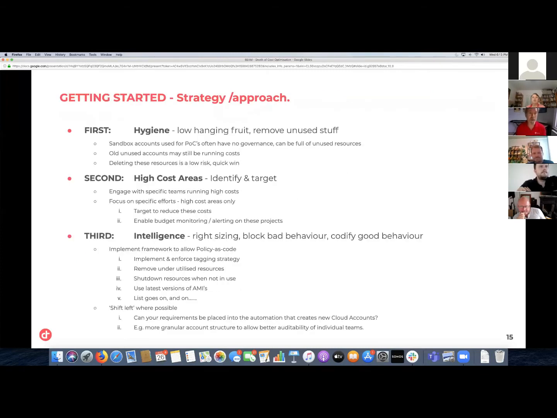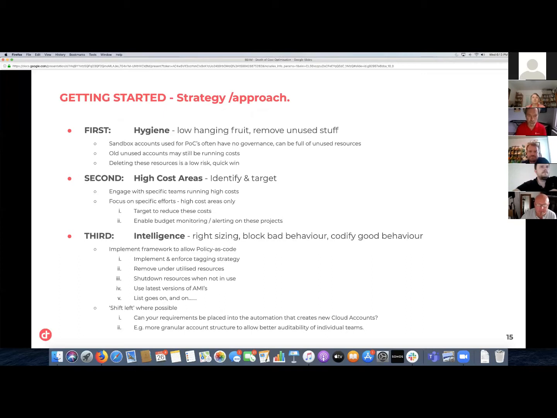So getting started, where do we start? We talked about low-hanging fruit, removing unused infrastructure. This is the obvious stuff. Sometimes we set up sandbox accounts or POC accounts, testing accounts. Get rid of them when they're not used. That's the obvious bit. The second and third points: identifying and targeting high cost areas, and the third bit is intelligence.